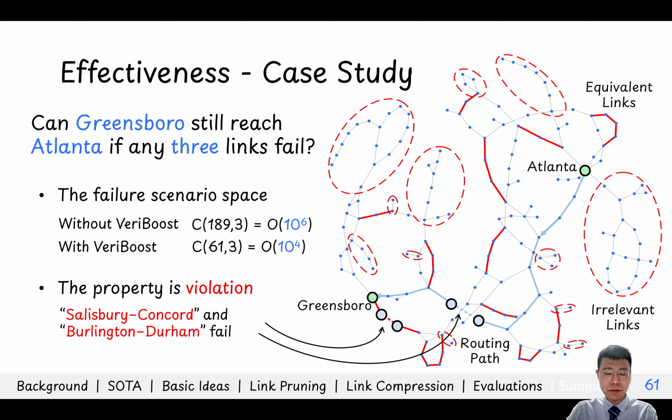Before applying VeriBoost, the number of failed link combinations is 1 million. After applying VeriBoost, it is 10,000. It reduces the failure scenarios by 2 orders of magnitude. This example shows that VeriBoost can indeed reduce a large number of failure scenarios. Finally, it finds that the property is violated when these 2 links fail.